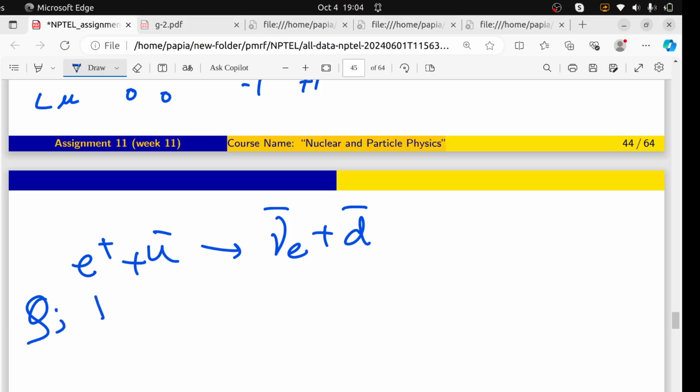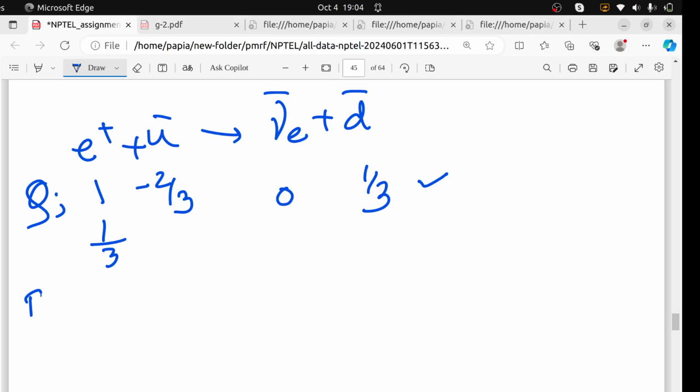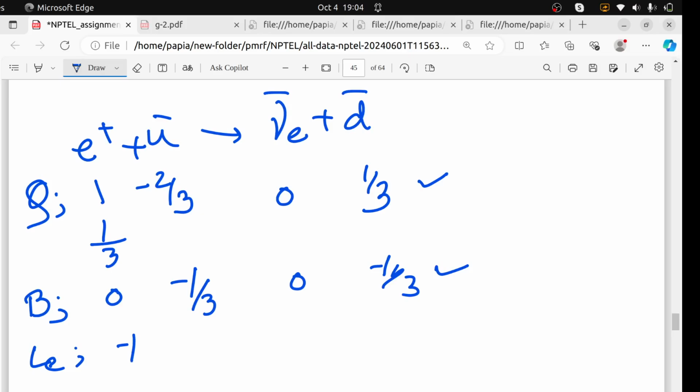Plus 1, this is minus 2 by 3, so the charge is 1 by 3. On the other side, this is 0 and this is 1 by 3. So that is fine. Now coming to baryon. This is not baryon, this is antibaryon, and this is also antibaryon. Fine. Lepton, let's say Le: this is minus 1, this is 0, this is minus 1, this is 0. So this is also fine.